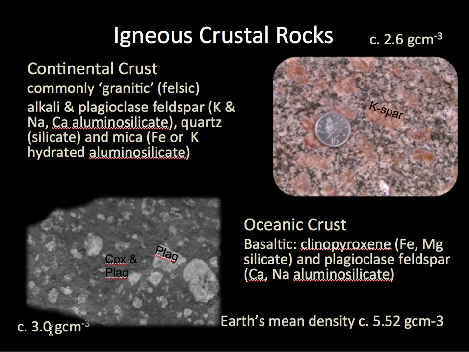And you may think 0.4 of a gram per cubic centimetre is not a shed load of difference, not even an Australian SI shed load of difference, okay? It is, especially when you're looking at the volume of material that you have. And it really, really, really does affect the way that the plates behave. Continental crust generally does not subduct.